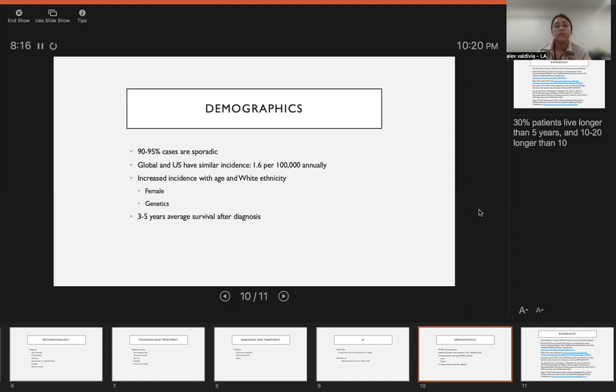The incidence does increase with age, if you are white, if you are male, and about 10% is genetic. There is about a 3 to 5 year average survival after diagnosis, but about 30% of patients live longer than 5 years, and 10 to 20% live longer than 10.